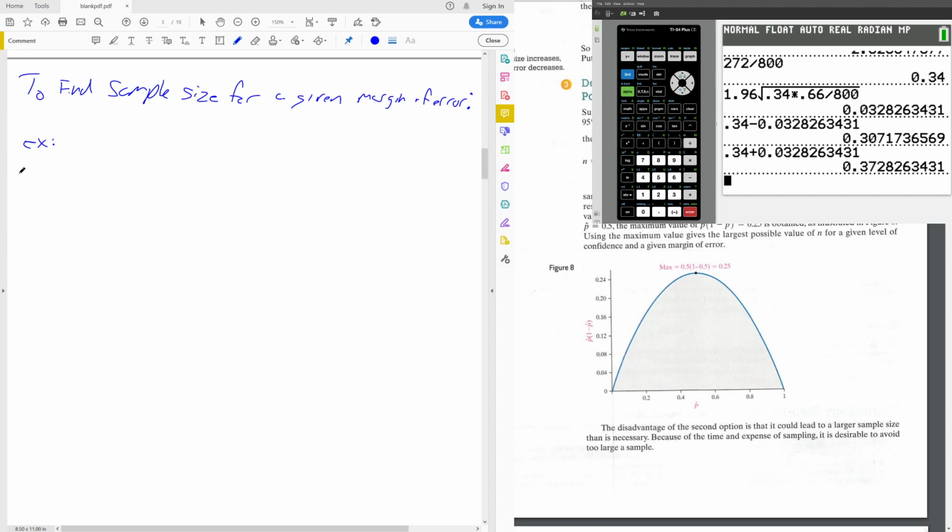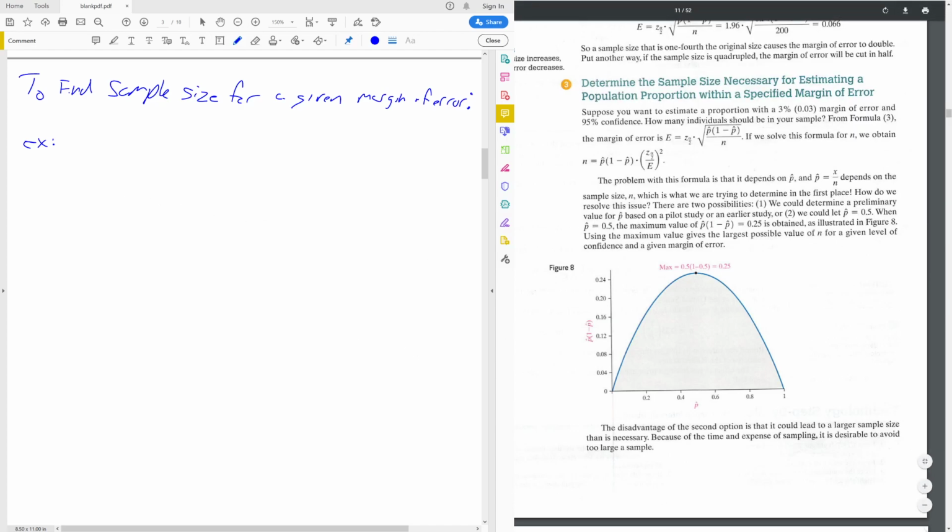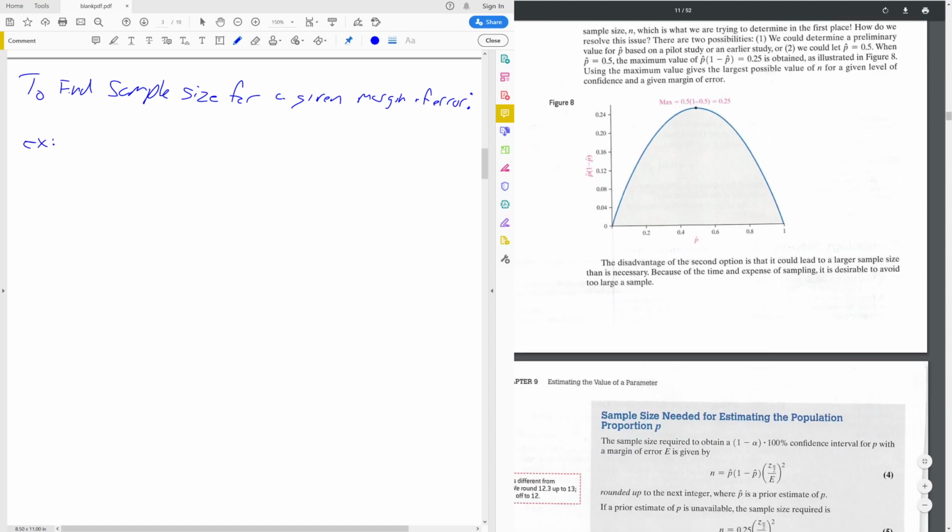we don't actually know any of the parameters yet, right? Because we haven't even taken our sample yet, so we don't even have a p-hat. So what we do is we just substitute 50% in, okay? In the book, it talks about the different values for p and q.